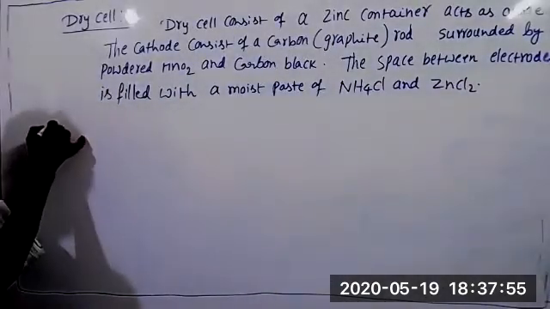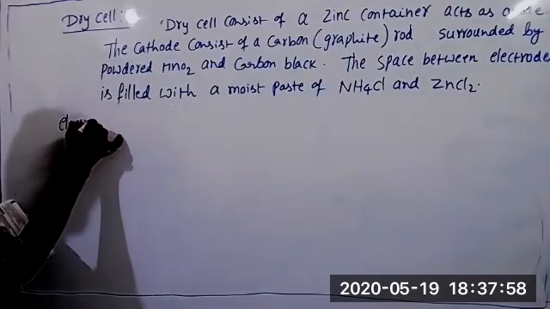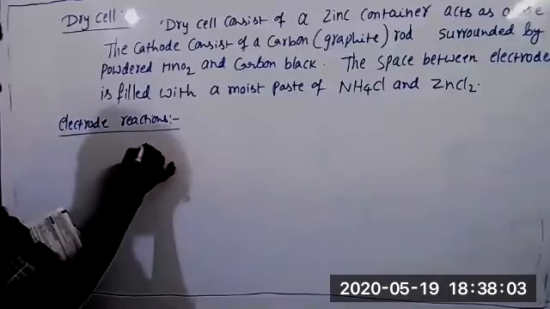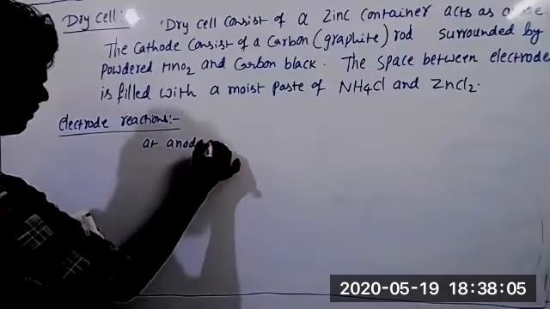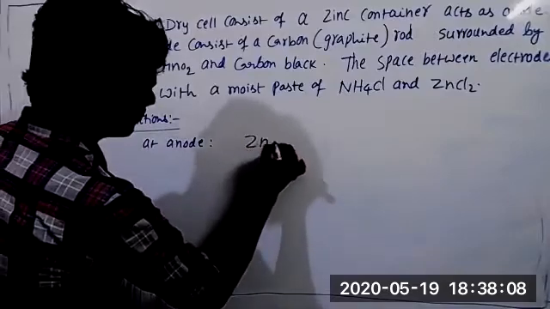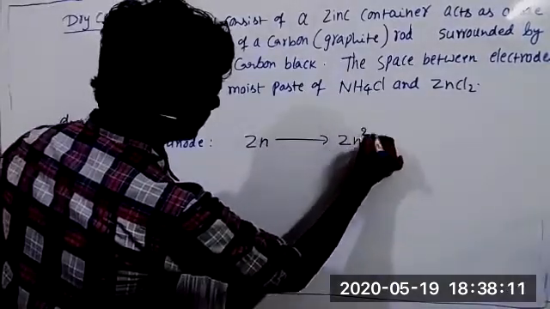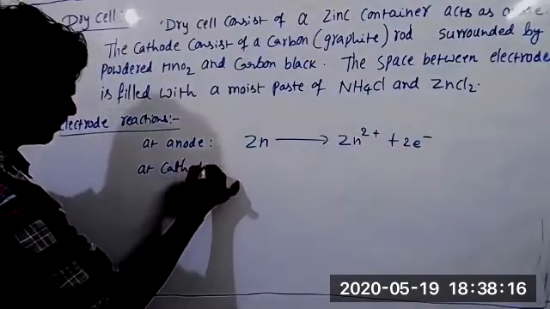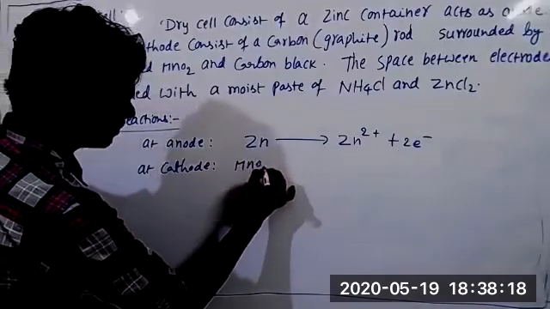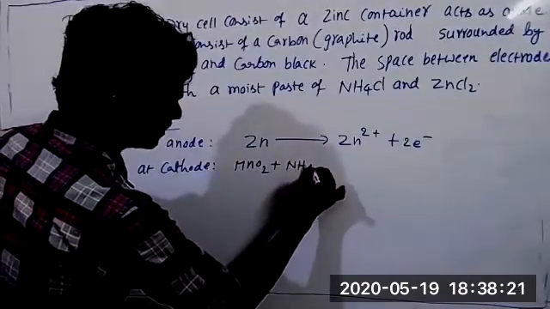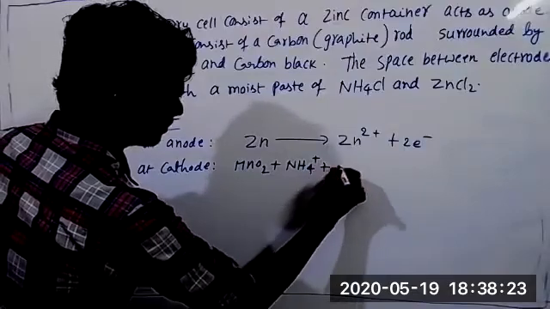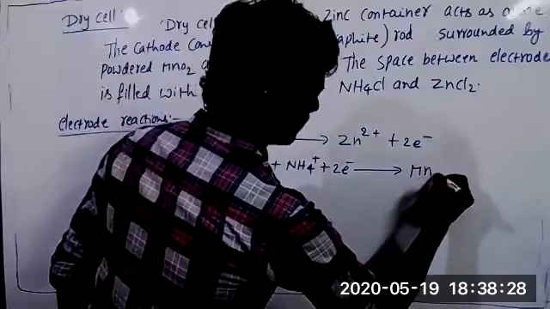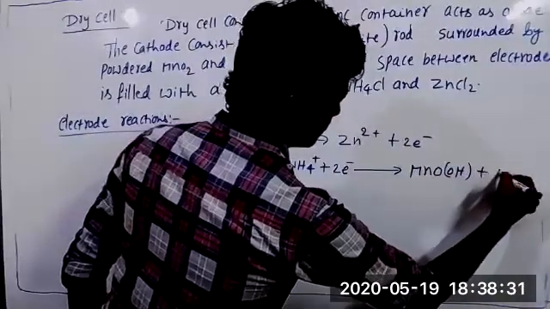Now, electrode reactions. At anode, Zn gives Zn2+ plus 2 electrons. At cathode, MnO2 plus NH4+ plus 2 electrons gives MnO and OH- plus NH3.